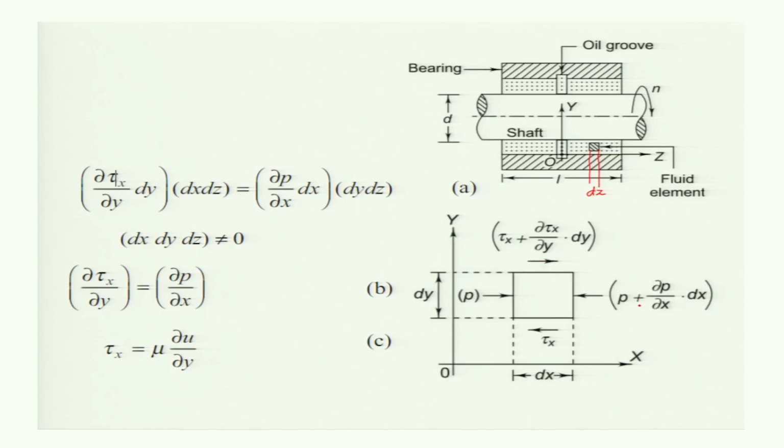So the force acting in this direction will be dy multiplied by dz. This is your dz. Okay, so the force acting along this plane, you may say the A, B, C, D plane, will be P multiplied by dy and dz.